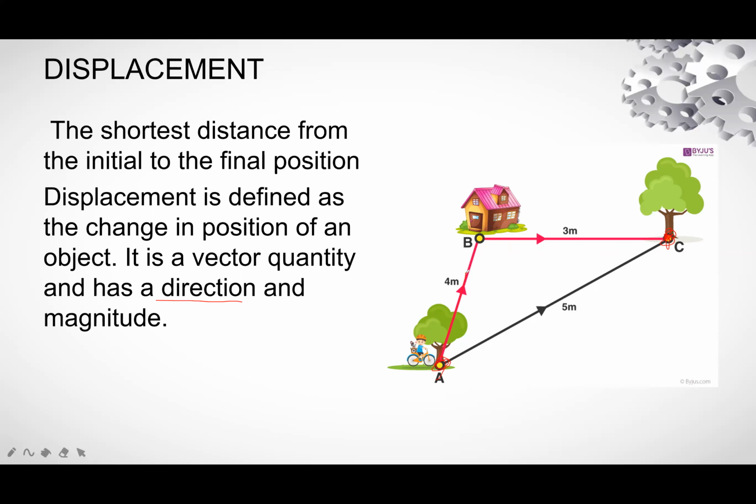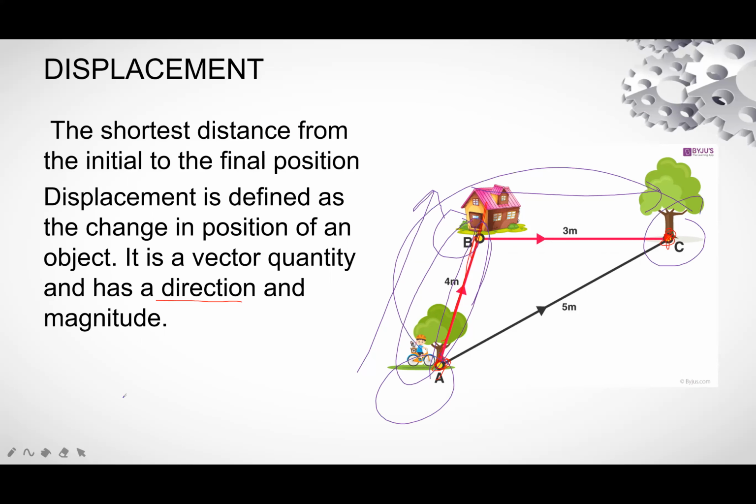If a body is moving from point A to point B and then to point C, this is the actual path.